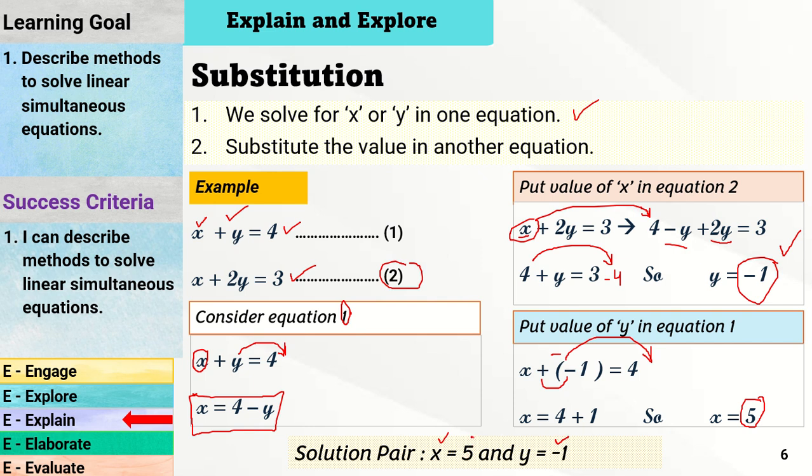Here it is 5 for x and minus 1 for y, which means that both of these equations will be true if we keep the value of x as 5 and the value of y as minus 1. So this is the concept of simultaneous equations.